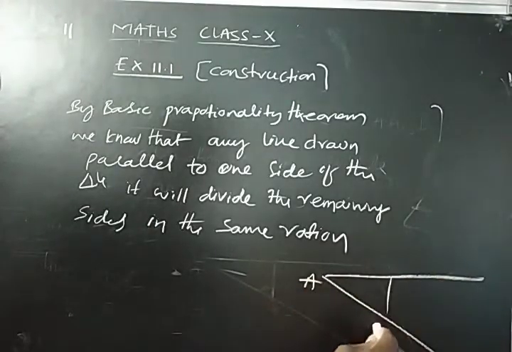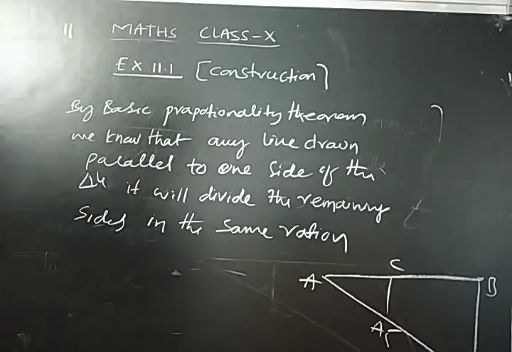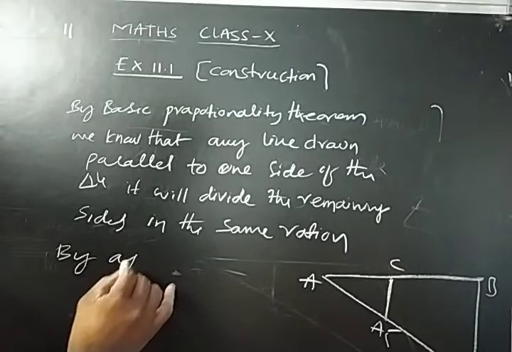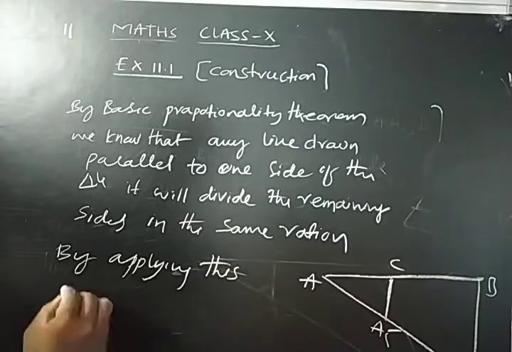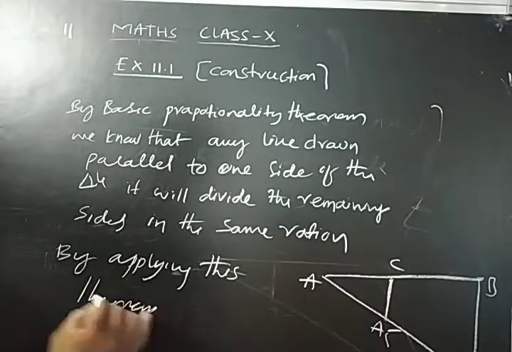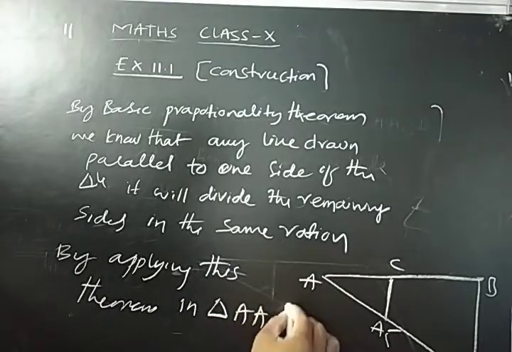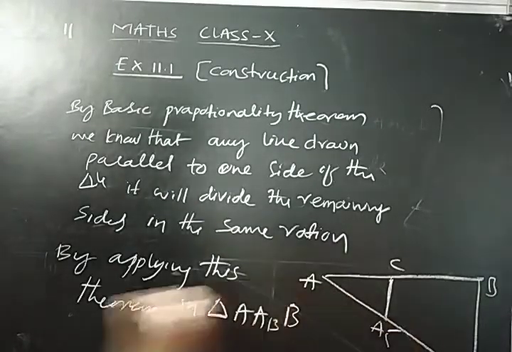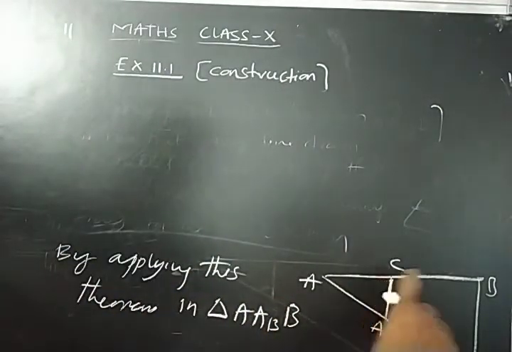This is A and this is A5. Here C, we have B, and here we drew A13. So here we know that CA5 is parallel to BA13. So by applying this theorem in triangle AB A13, what we can conclude is that this is parallel to this one.